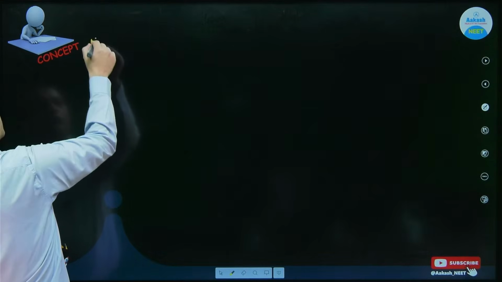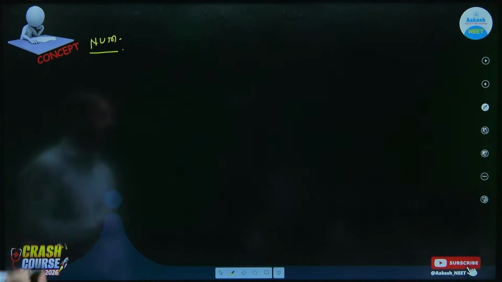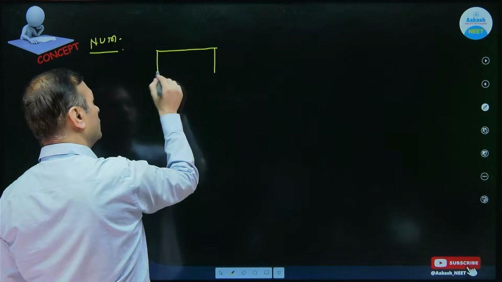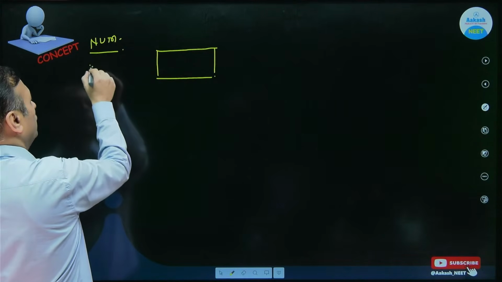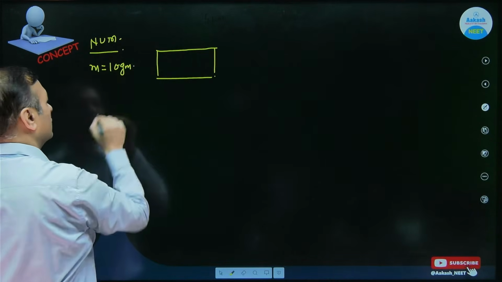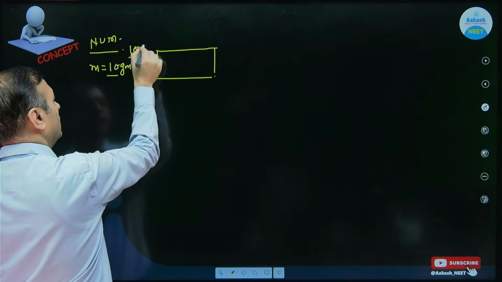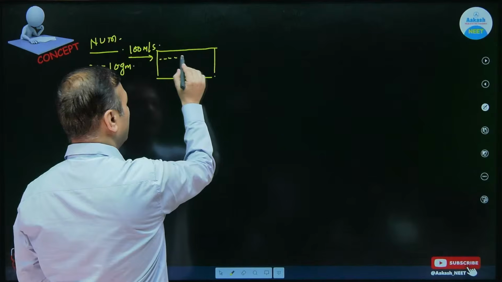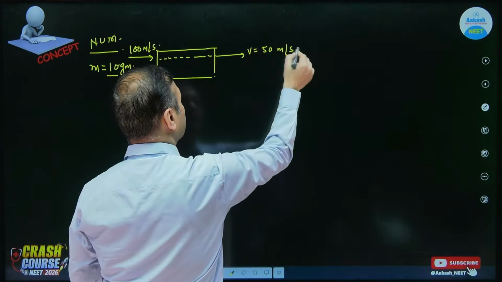Now let's pick one more numerical. Let's suppose you have a bullet of mass 10 grams, moving with speed 100 meter per second, enters into this wooden block and after traveling it comes out with 50 meter per second.